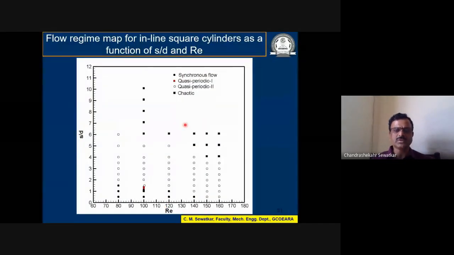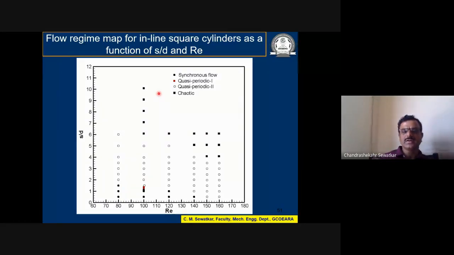I'm just sharing with you the flow regime map for inline square cylinder. You can see for a very small range of S by D, that is 1.1, 1.2 and 1.3, we obtain quasi-periodic 1 behavior, which is shown by the red dot here.